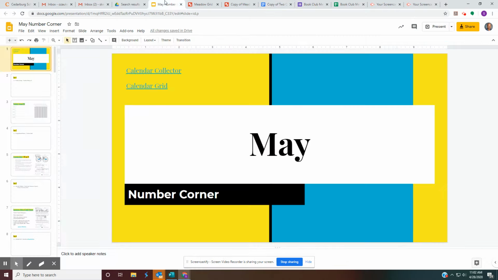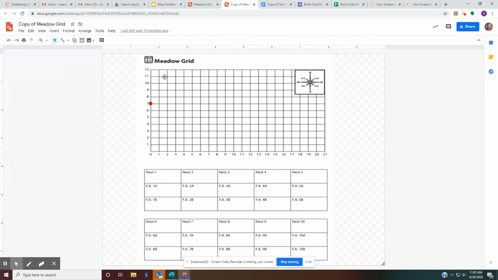The other thing is our calendar grid. So we'll have our markers set out each month so that we can add to our calendar grid. That calendar grid is going to be a meadow grid, which is a coordinate grid, which will work on following moles through a meadow.